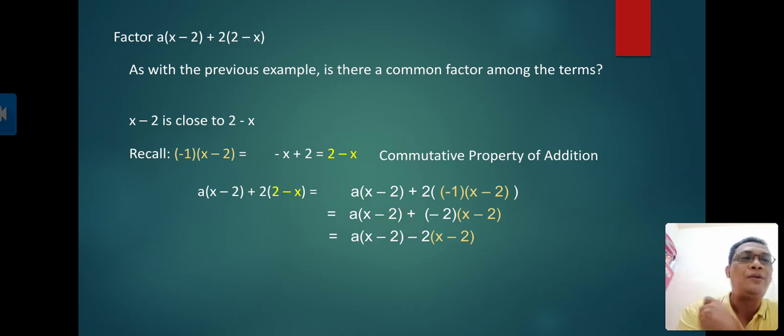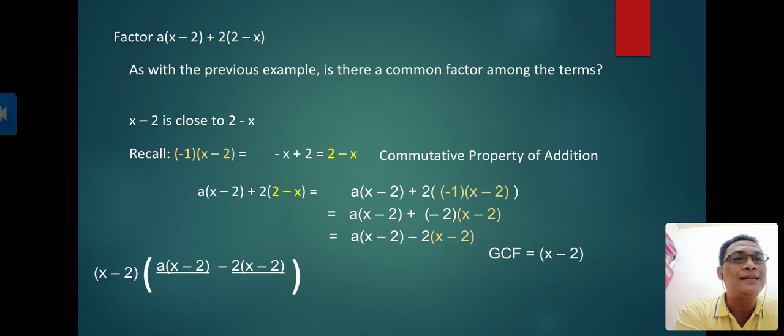Now, here we have a GCF. Your GCF will be x - 2. So let us get the factored form: GCF multiplied by your polynomial. In this case, it is not the original polynomial but the derived polynomial. We are going to use the derived polynomial, not the original, divided by the GCF.